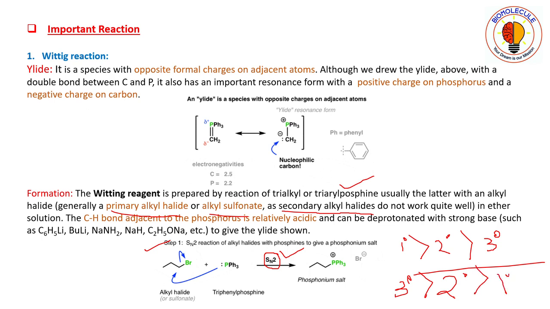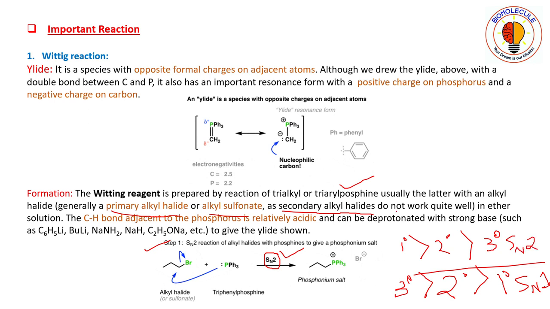This one is for SN1 reaction, that is unimolecular nucleophilic substitution. And primary alkyl halide followed by secondary, then tertiary, this trend is for bimolecular nucleophilic substitution.